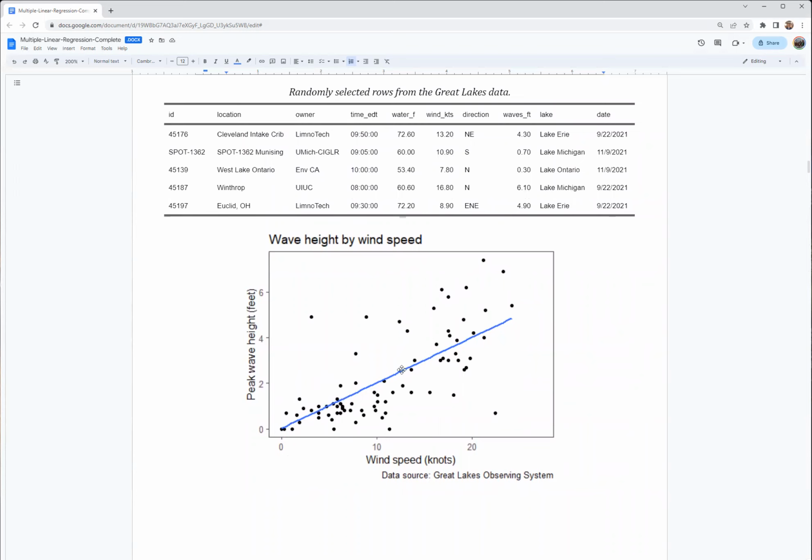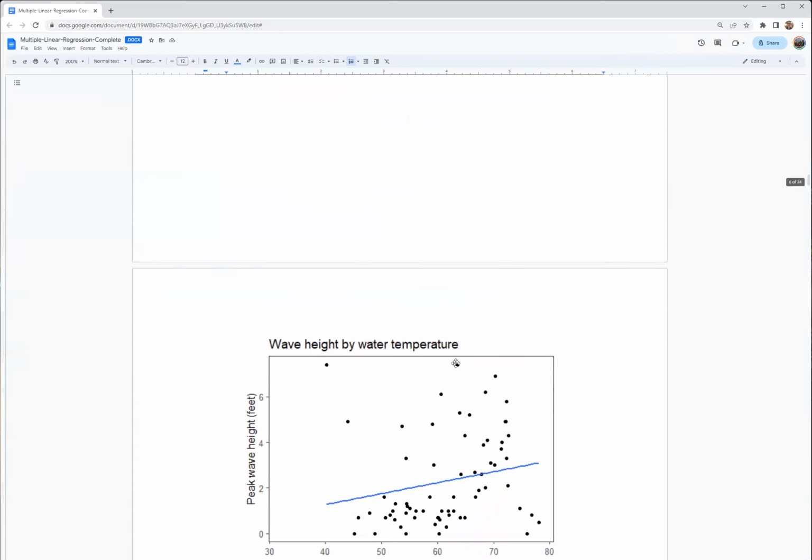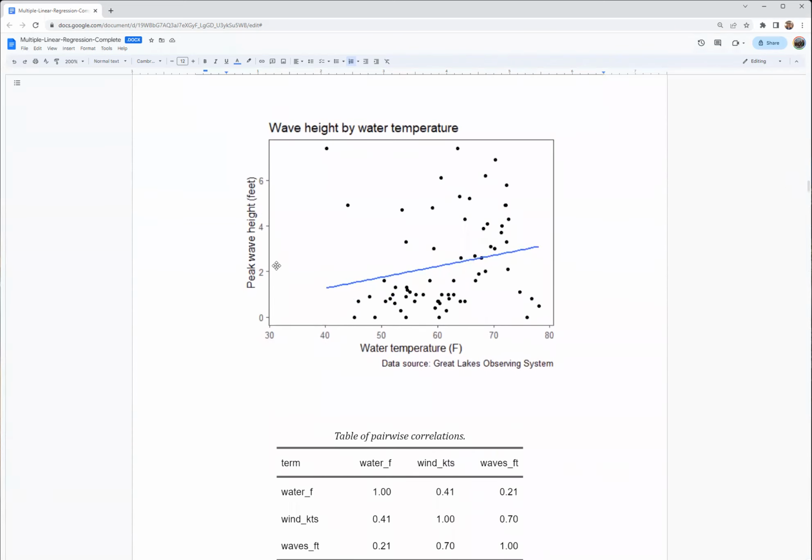Yeah, linearity looks great. That looked fine. Water temperature and peak wave height. It's not that there's a nonlinear relationship. There just doesn't really seem to be a relationship. So not having a relationship doesn't violate this assumption here.